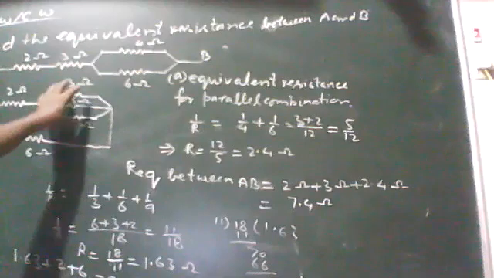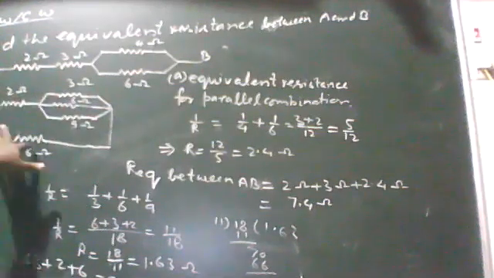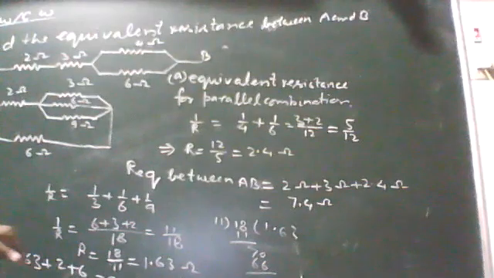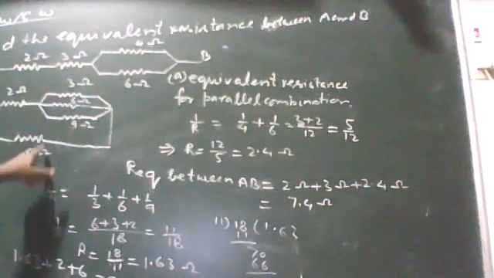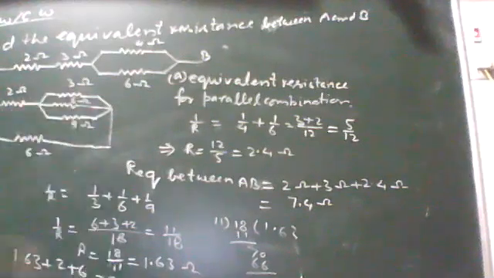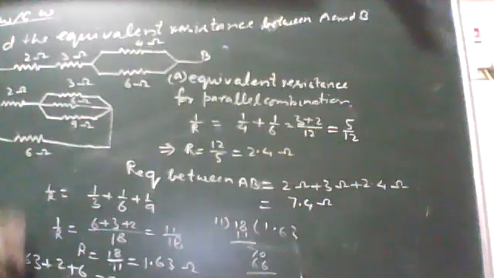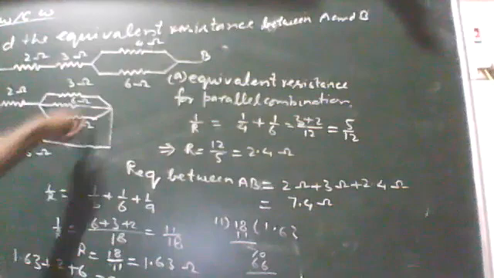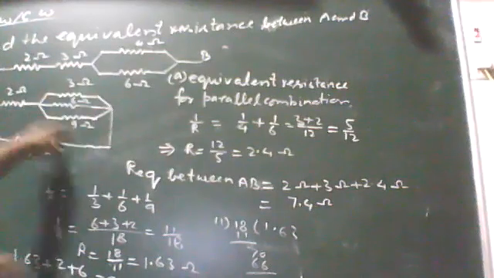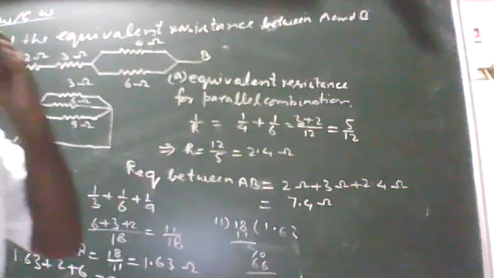The sum of this parallel combination will be added to the remaining 2 resistors in series. Add 6 ohm, 2 ohm, and this sum of the parallel combination will be in series. That's why I add in series combination R1 plus R2 plus R3, where R3 is the sum of this parallel combination.